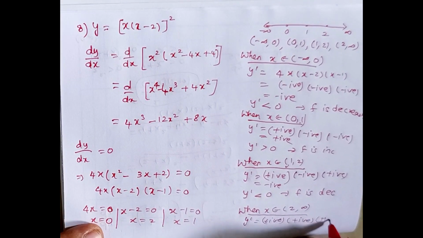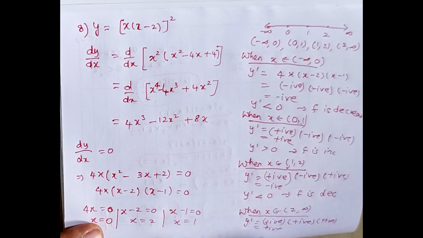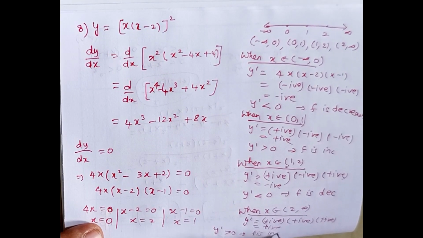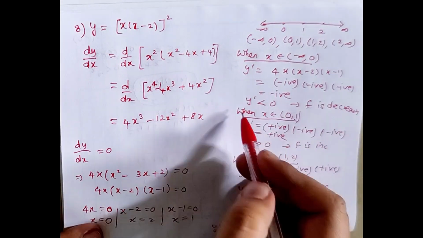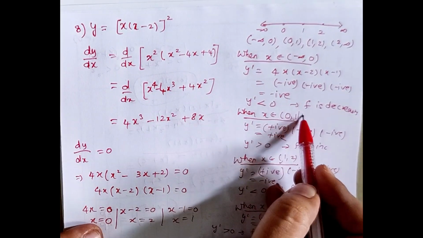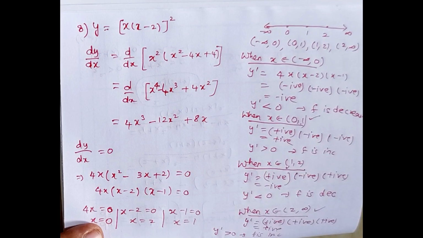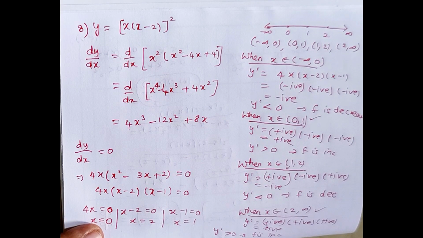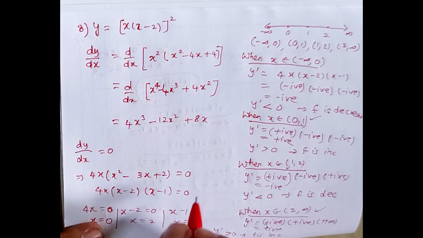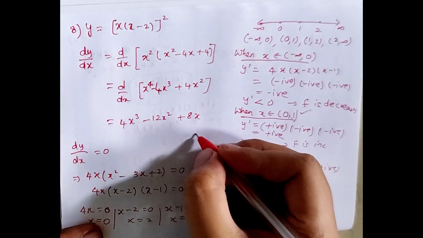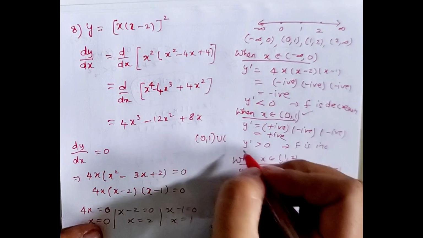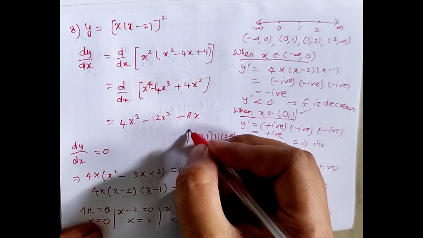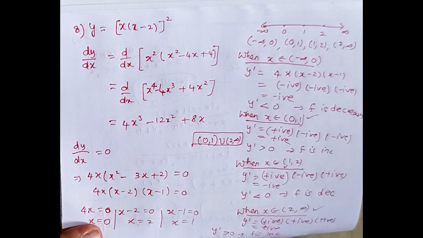So we get the sign as positive, that is y dash is greater than 0. The function is increasing. So for increasing, the intervals will be 0, 1 and 2, infinity. As the question is to find for which values we get the increasing function, we get 0, 1 union 2, infinity. This is the range in which we get the function as increasing.